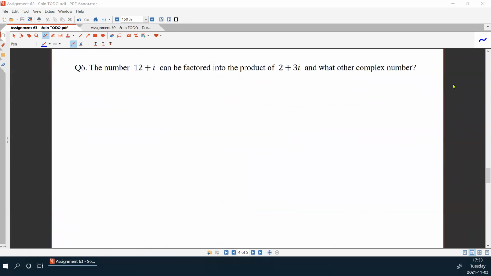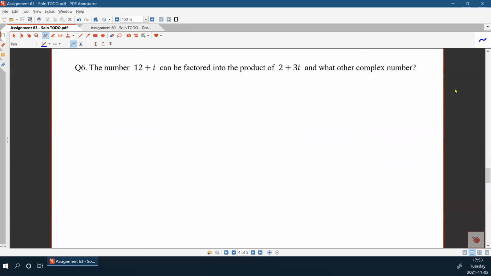The number 12 plus i can be factored into the product of 2 plus 3i and what other complex number?